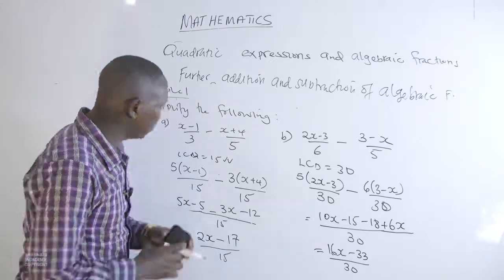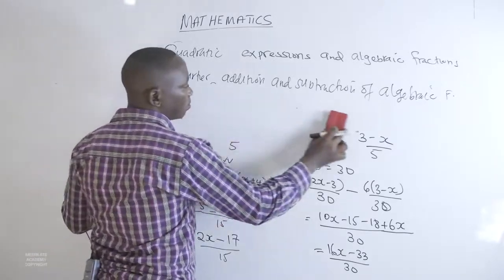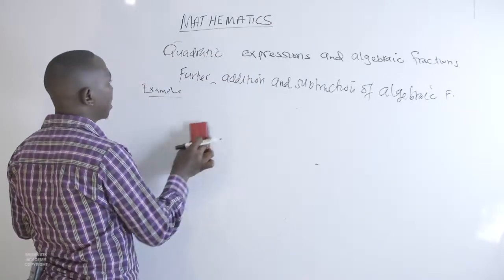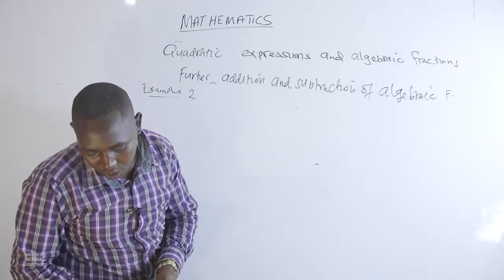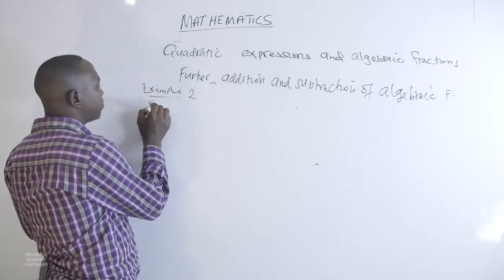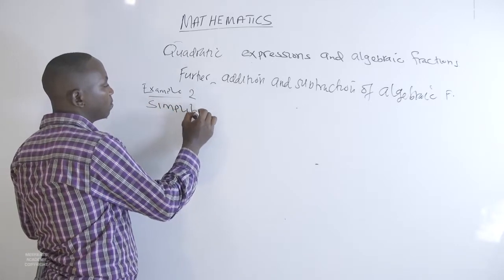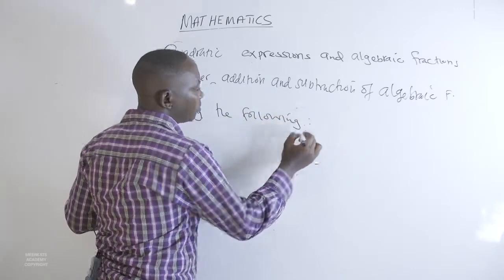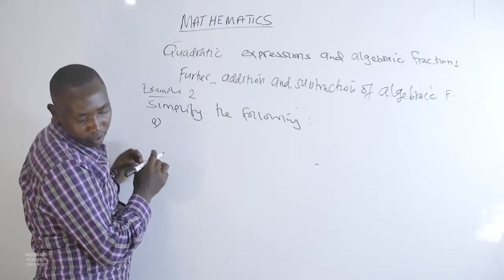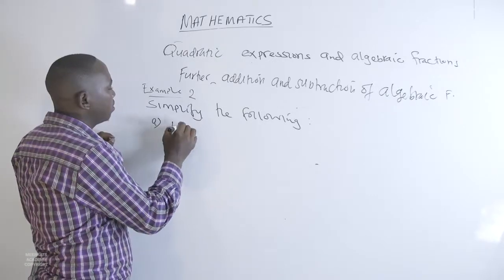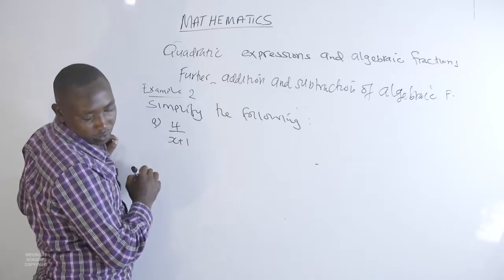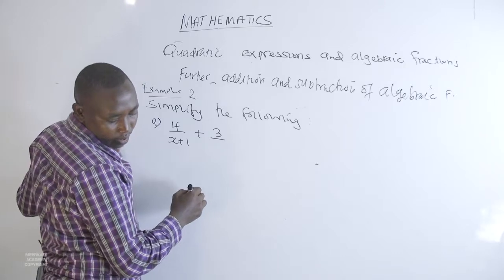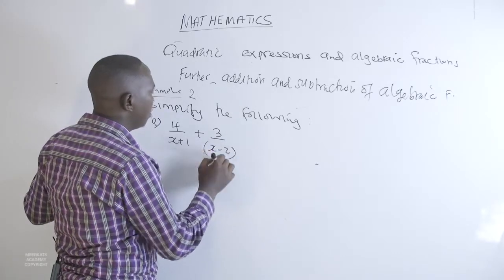Example 2. Simplify the following. Part A: 4 over (x plus 1) added to 3 all over (x minus 2).